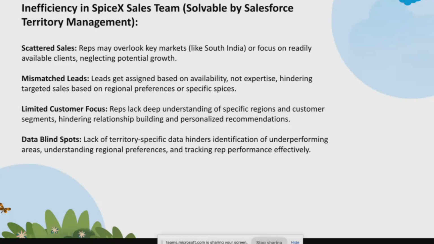But if you assign that person to Karnataka, they'll catch the customers so quickly by talking in their own language, and that kind of assignment is missing in this kind of sales process.